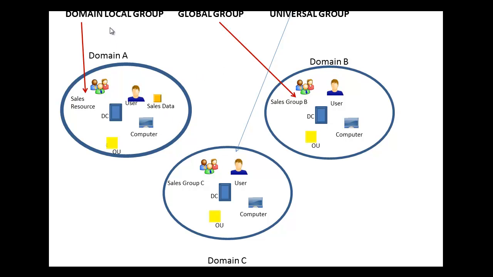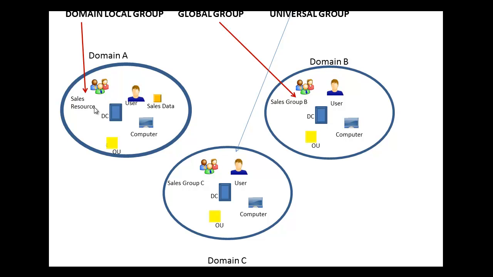Let's take a look at the domain local group. Within domain A, we create a domain local group. And let's call that group sales resource. Now, the reason why we create the domain local group in domain A is because the resource itself resides in domain A. Wherever your resource resides, that's where you want to create your domain local group.